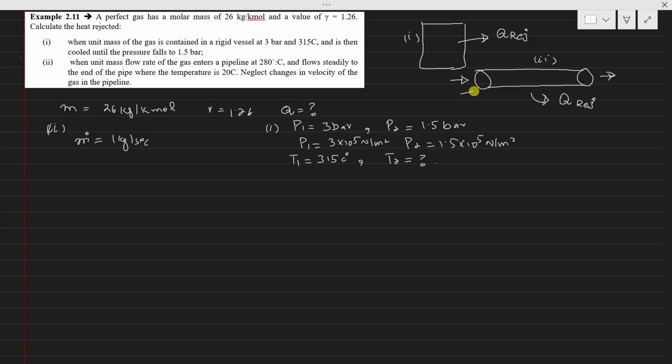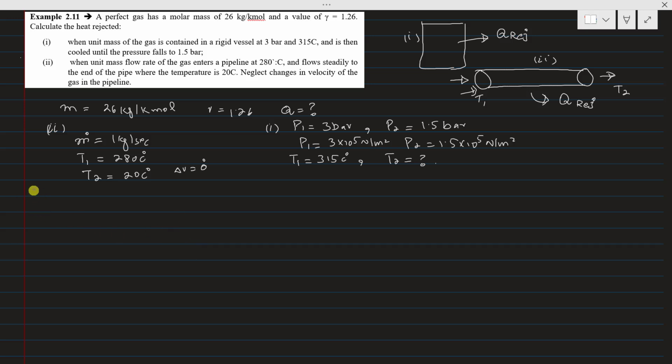The temperature T1 at the inlet of the pipe is 280 centigrade, and the temperature T2 at the exit of the pipe is 20 centigrade. The change in velocity is almost negligible, which means it is 0. In the first case and in this second case, we need to calculate the heat rejection that occurs while the gas is in the vessel and while the gas is flowing in the pipe.